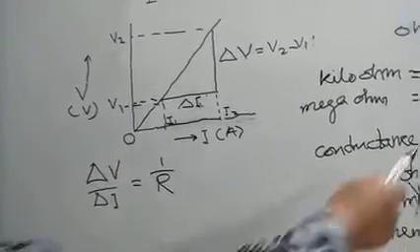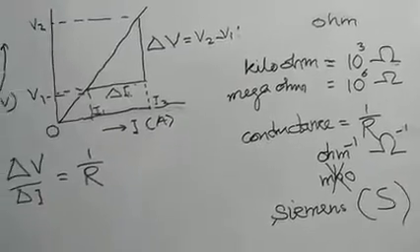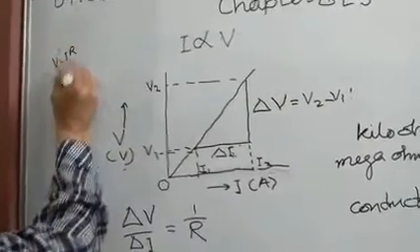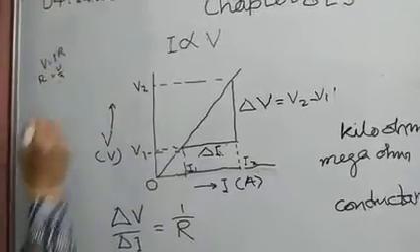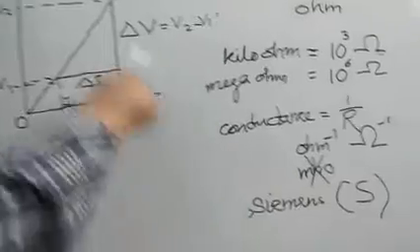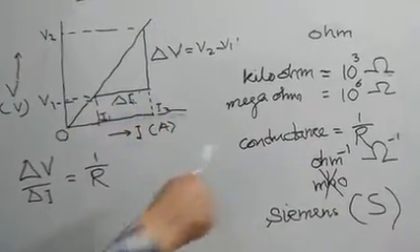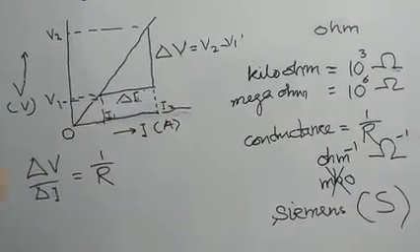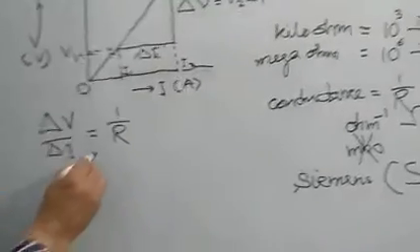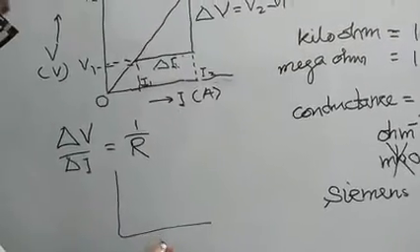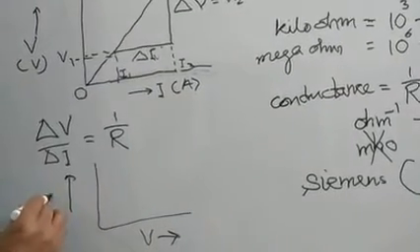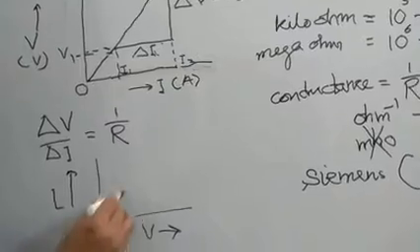What does 1 upon resistance mean? Since R is equal to V upon I, 1 upon R is I upon V, and that is what we have talked about already. So the slope of this curve gives you directly the conductance of that wire. If you draw the graph the other way, with potential difference here and I here, then also you get a straight line.